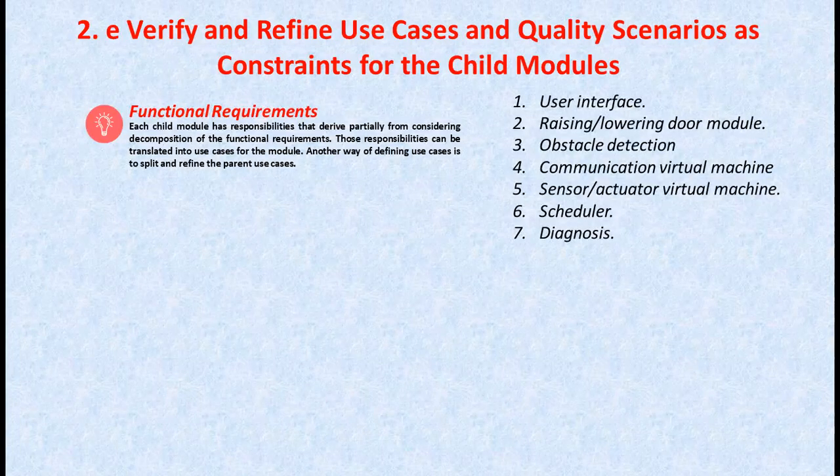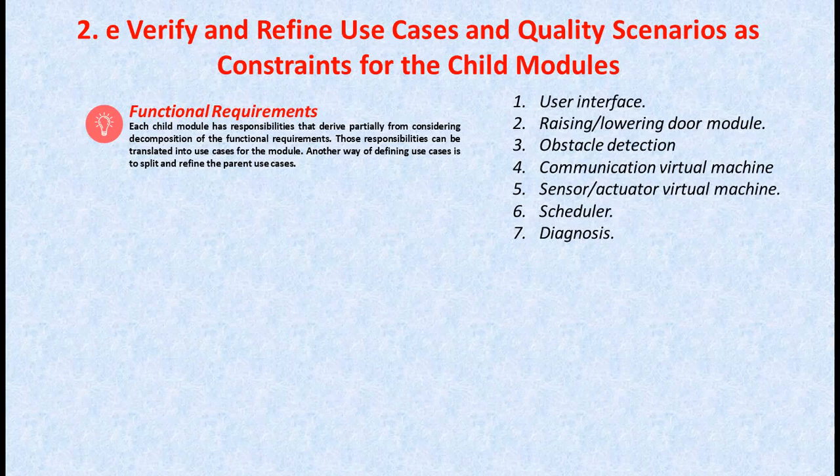It stops the door when it reaches either fully open or fully closed. The third one is obstacle detection, which recognizes when an obstacle is detected and either stops the descent of the door or reverses it. Next, the fourth one is the communication virtual machine, which manages all communication within the home information system.